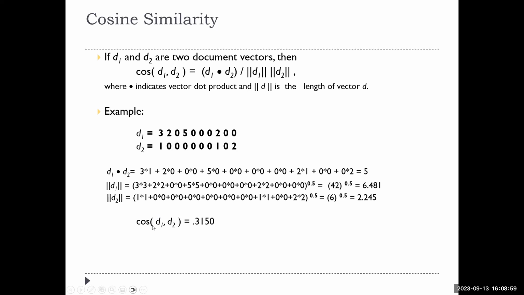And then cosine will be 5 divided by 6.481 times 2.245. You get 0.3150. But this is also used a lot. You get the dot product, divide by the length of the vectors.